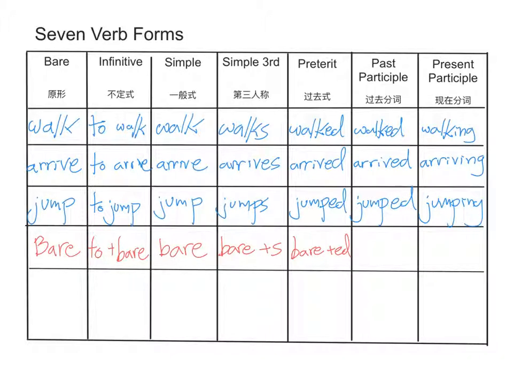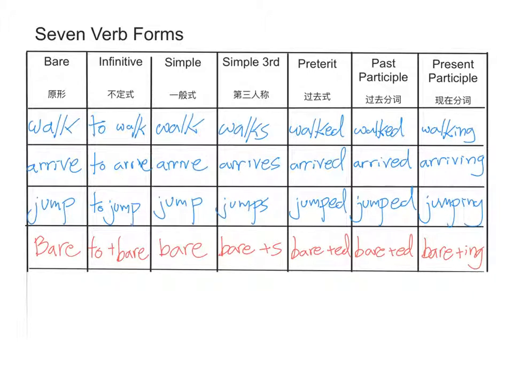The past participle is the same. It's the bare form plus ed. And the present participle is the bare form plus ing. There we have bare plus ing. A little bit sloppy. Now, if you look at this chart and think, you might have a few questions.